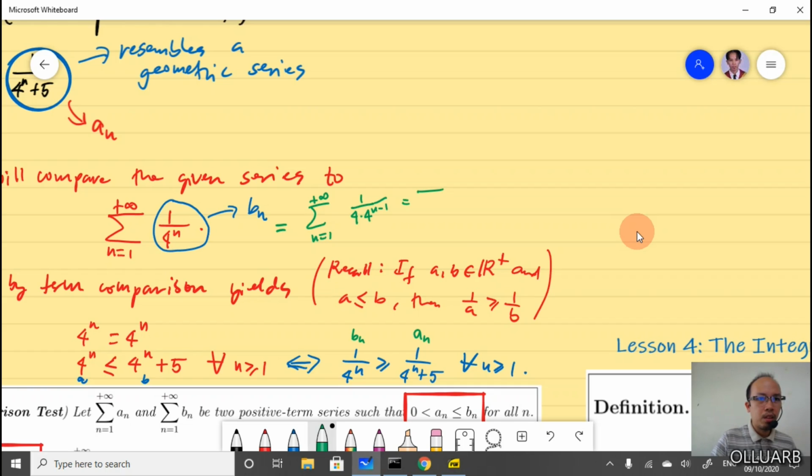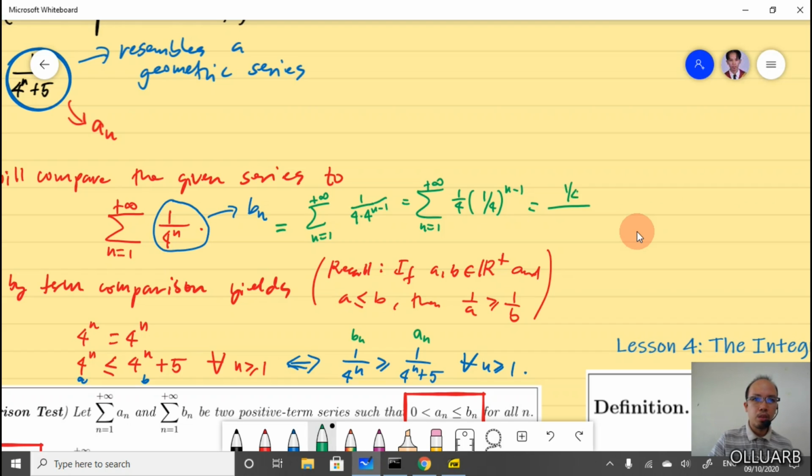So we have 1/4 times (1/4) to the n minus 1. Clearly this is a geometric series where r is 1/4, which is between negative 1 and 1.